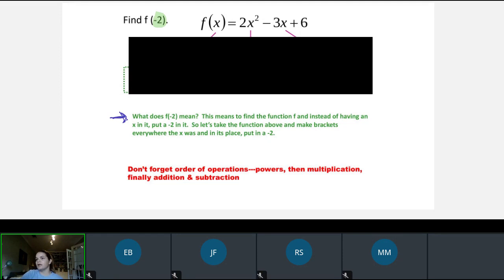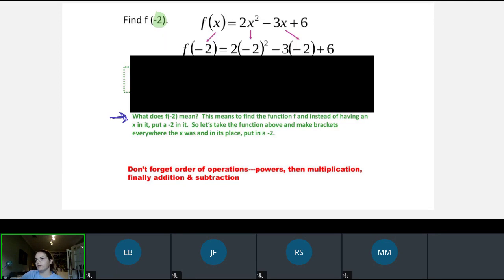This means instead of having an x in our function, anywhere we had an x, we're going to put in a negative 2. Okay, so I want you to go ahead, put in a negative 2 everywhere you had an x. And I want you to put that in your calculator to solve it. So we're going to find out what is the function, what is y when x is negative 2.